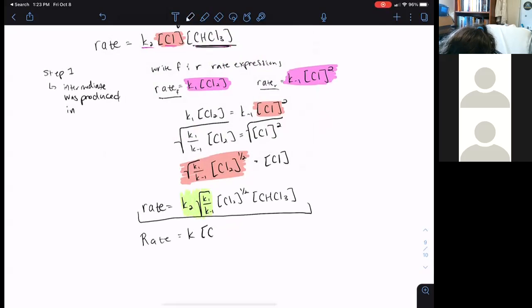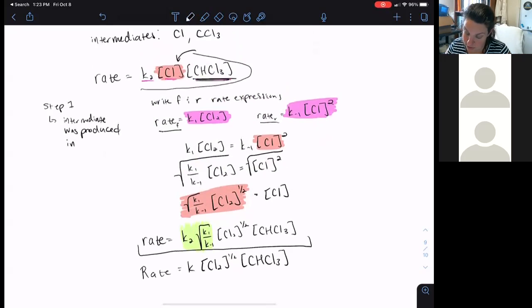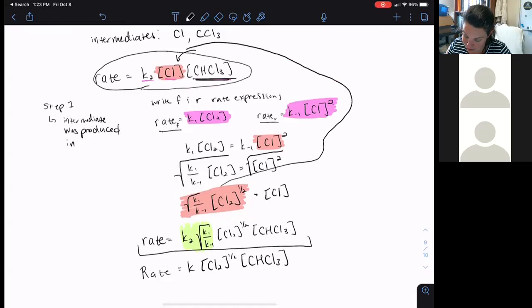And then Cl2 to the 1/2, CHCl3. Where did you get the CHCl3 from? It was already in here. Okay. So we replaced that in there, but left everything else. Okay.